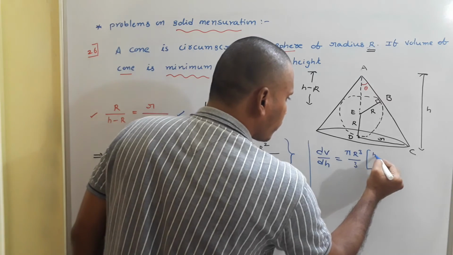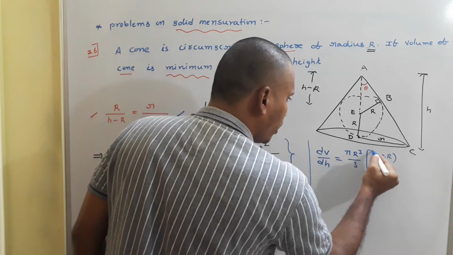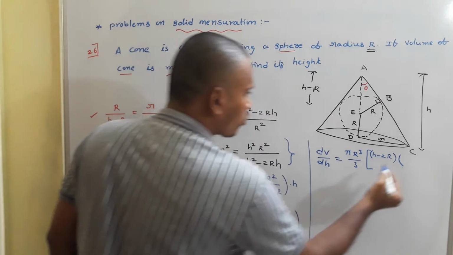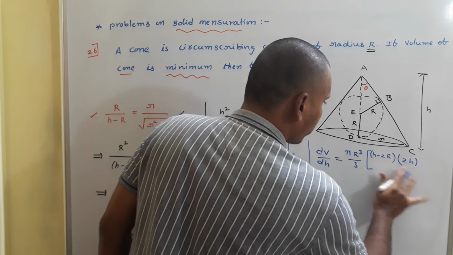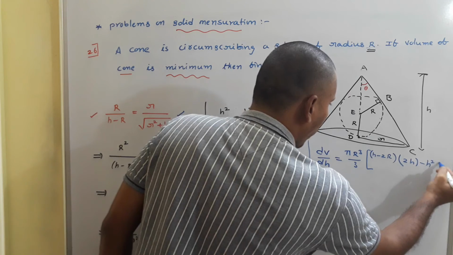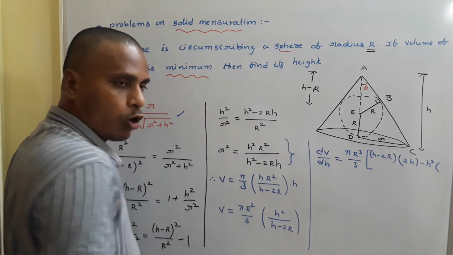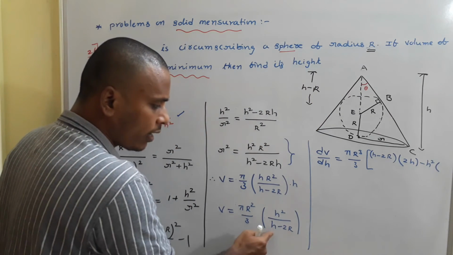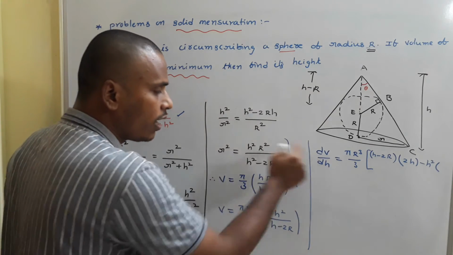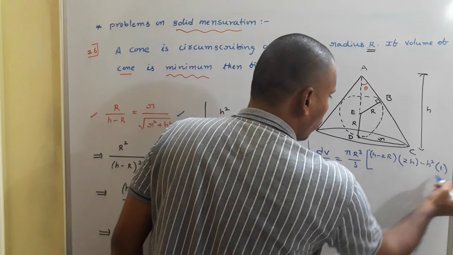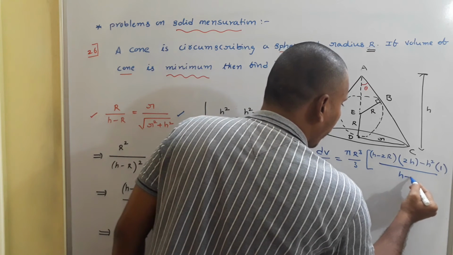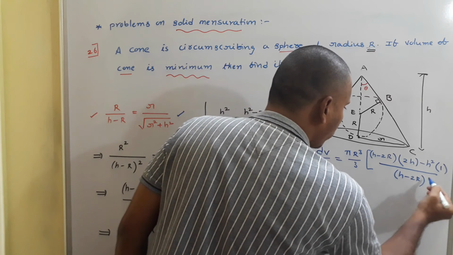Denominator h minus 2r into the derivative of numerator h square is 2h minus numerator h square into the derivative of denominator. See, derivative of denominator h, for h it is 1 because we are differentiating with respect to h, and for 2r it is constant, so 0 into 1 divided by h minus 2r whole square.